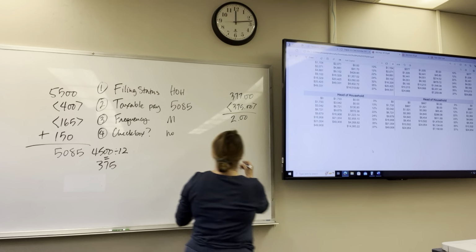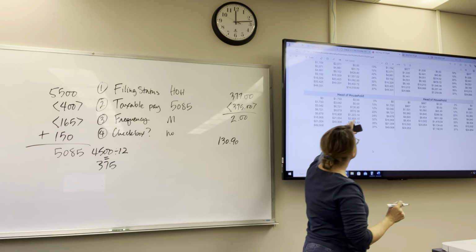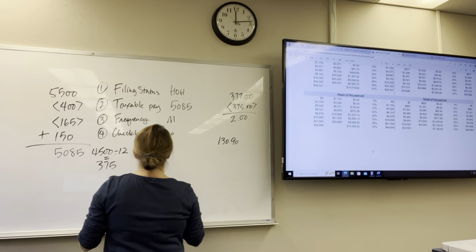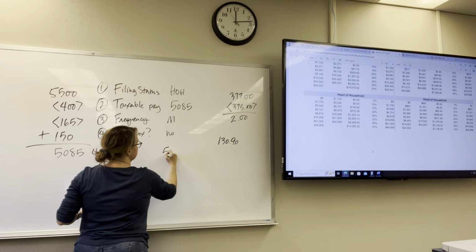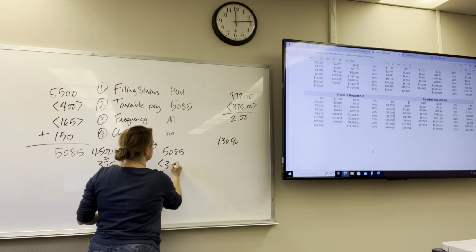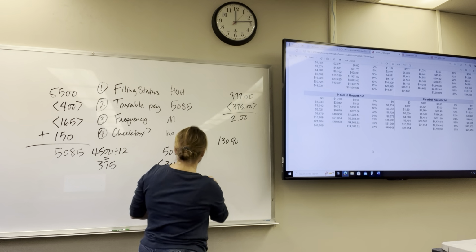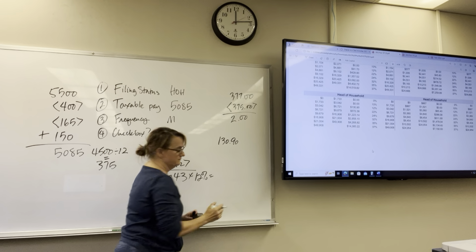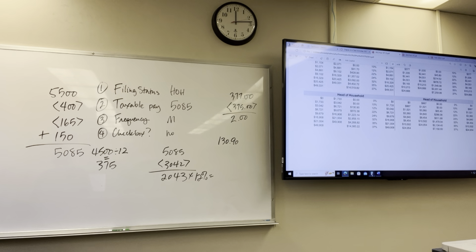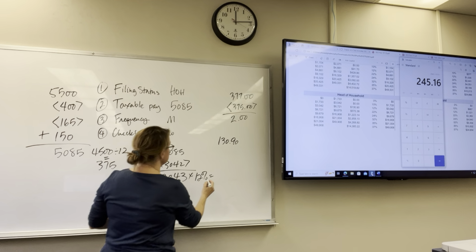Okay, so 130.90 is our tentative amount to withhold, plus 12% of the amount over 3,042. 5085 minus 3042. $2,043 times 12%. 245.16.